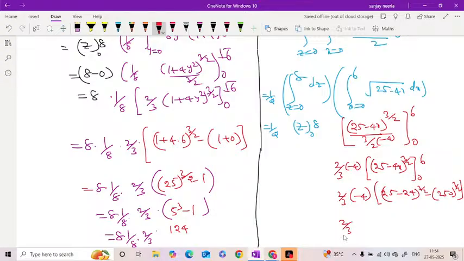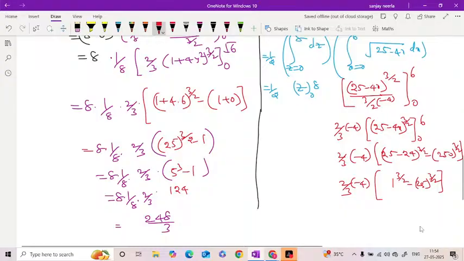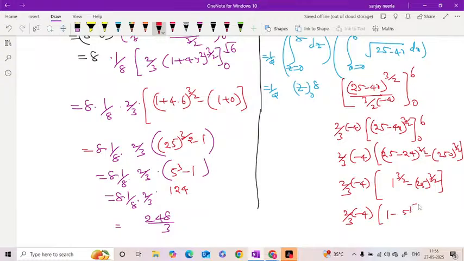That means 2 by 3 into minus 4, into 1 power 3 by 2 minus 25 whole power 3 by 2. That means 2 by 3 into minus 4, 1 minus 5 power 3, that is minus 124 only.